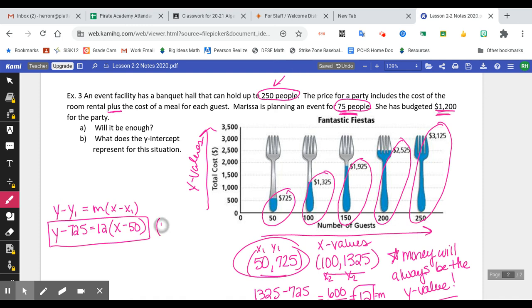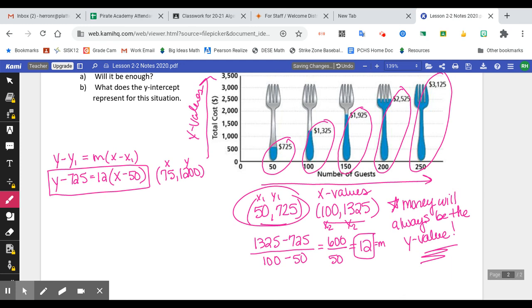So again, if I made a point for that, 75 people and $1,200, this would be my x and this would be my y. So I would need to plug those values in for x and y in my equation and solve it. Okay, so 1,200 minus 725 equals 12 times 75 minus 50.